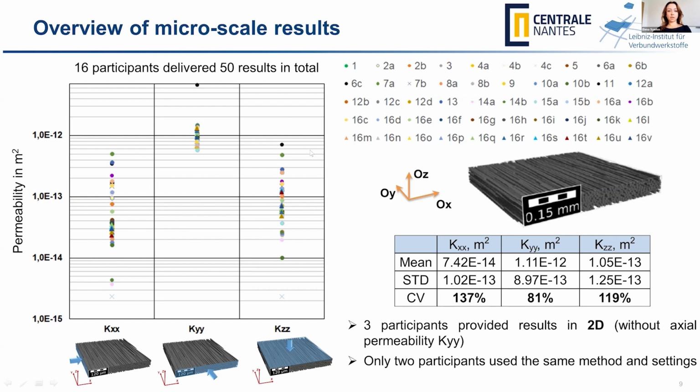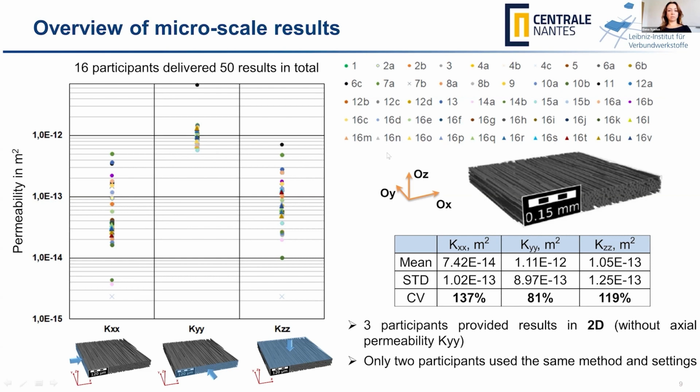So this is the general overview of all the results, and among them I should mention there are 2D results, meaning that participants took a series of 2D cross sections along this sample and then calculated from them the value for the whole 3D volume.